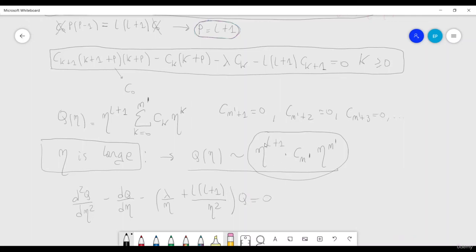We will consider eta to be very large, and therefore q will behave like this, and then we will substitute this expression there, in place of q. So we have to take the first derivative and the second derivative, and we will have to substitute this expression here.